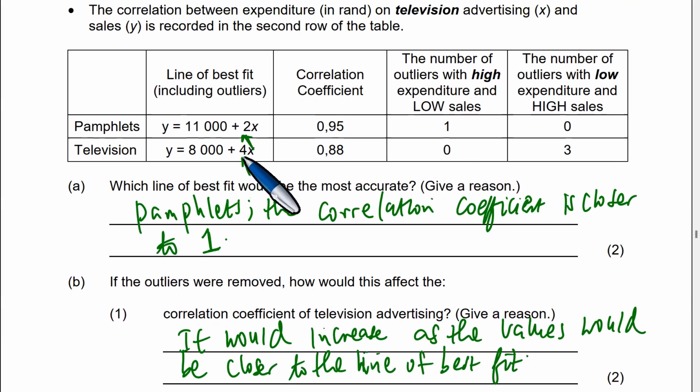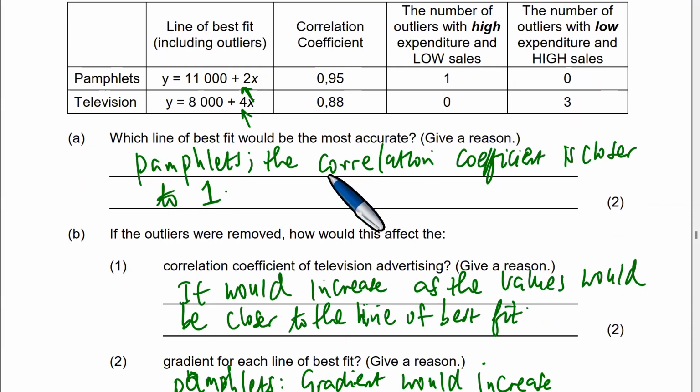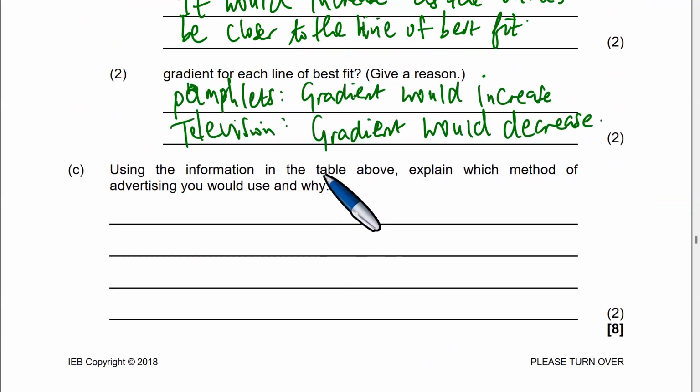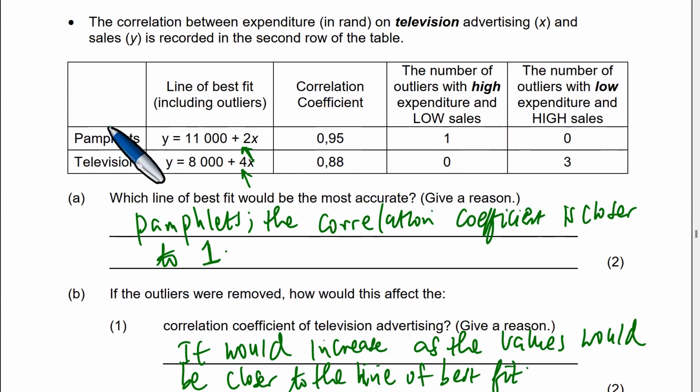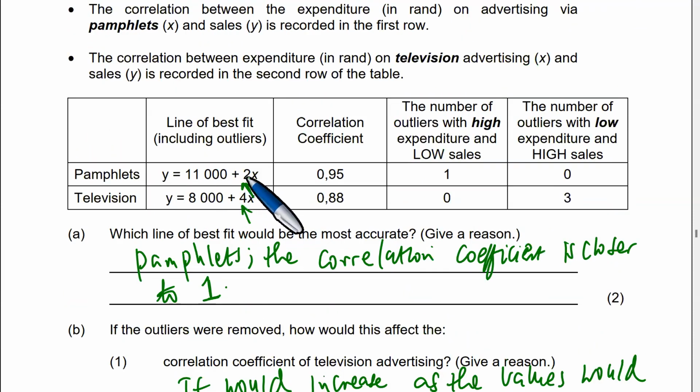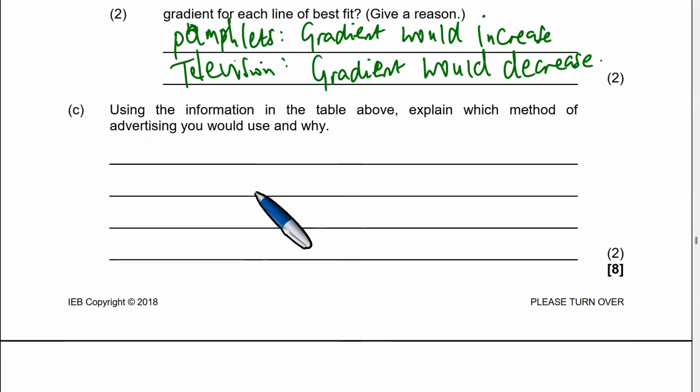The correlation coefficient is 0.88 for the television, but the gradient for the television is 4, and for the pamphlets is 2. We would choose the television.